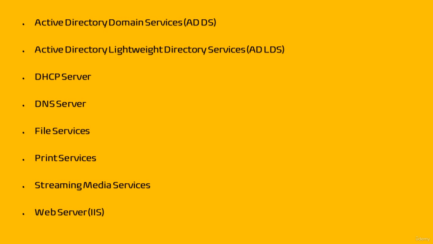So a server running a Server Core installation supports these server roles: Active Directory Domain Services, ADDS, Active Directory Lightweight Directory Services, ADLDS, DHCP Server, DNS Server, File Services, Print Services, Streaming Media Services, Web Server, IIS.